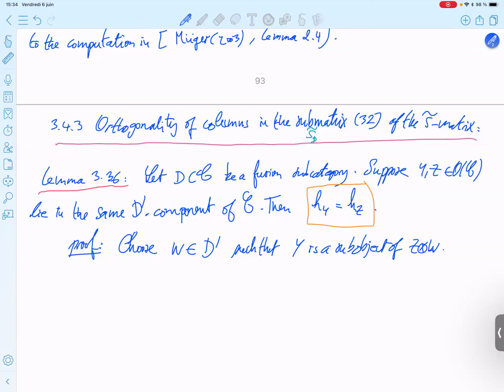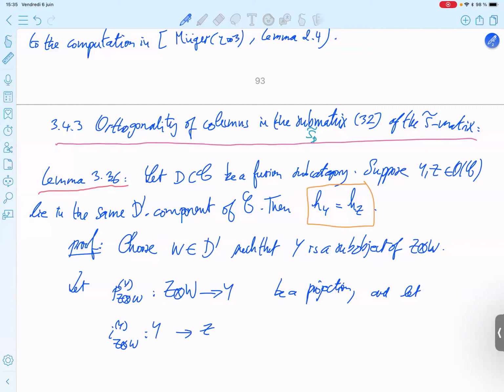So you consider the projection, denote it like that, from the tensor W to Y. Be a projection. And the inclusion, so I_Y, the tensor W, from Y to the tensor W. Be an inclusion.